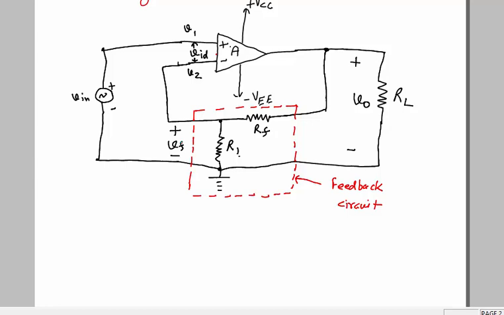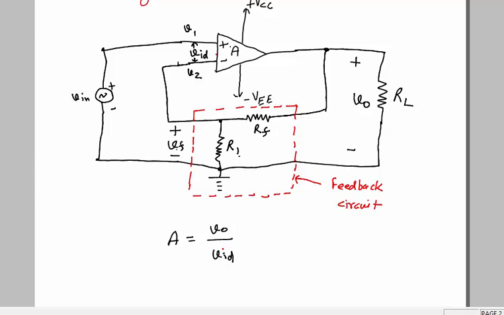Now the open loop voltage gain, or gain without feedback, means if we do not apply any feedback, that time it is called open loop. The open loop voltage gain we call A, which by definition is V0 by VID, or V0 equals A into VID, same thing.